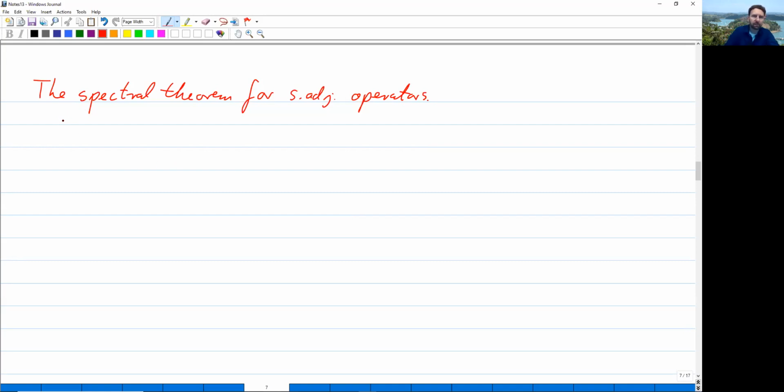Okay, so the spectral theorem for self-adjoint operators says the following.